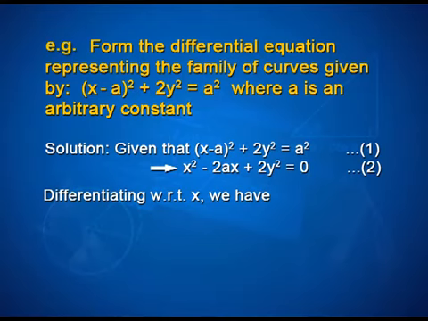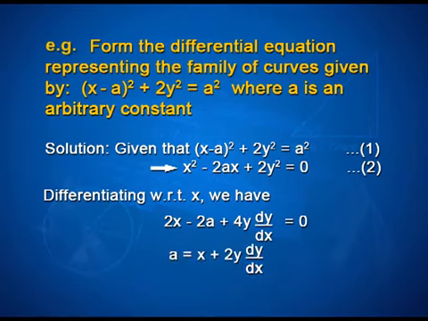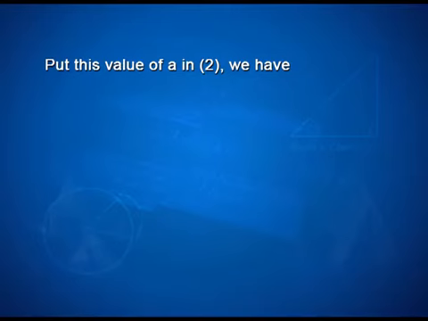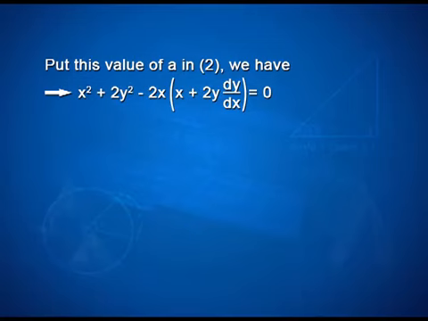Differentiating with respect to x, we have 2x - 2a + 4y dy/dx = 0. That gives a = x + 2y dy/dx. Put this value of a in equation 2, we have x² + 2y² - 2x(x + 2y dy/dx) = 0.